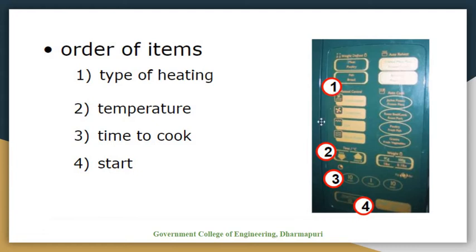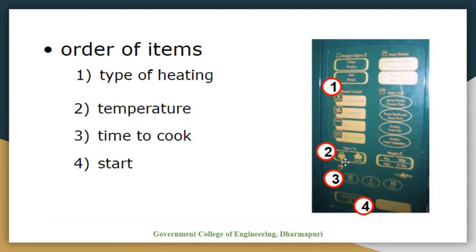Here in the same example, you can see the settings of an oven or some food processor, and the order we have given. Firstly we have kept the type of heating above. After that comes temperature, meaning what temperature you want to keep.